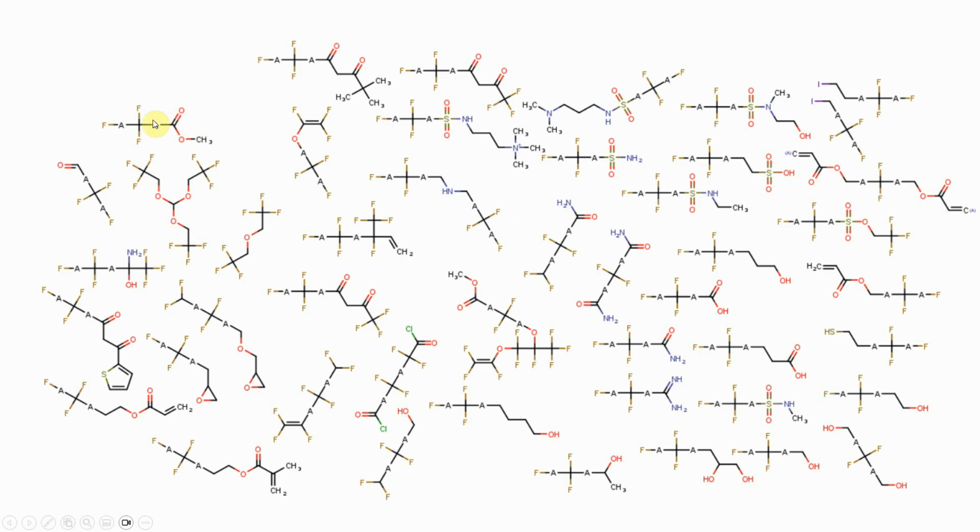And then the carbon-fluorine chain, in this case, is denoted by A, then the CF2, and then A and F, meaning that this is a repeating CF2 chain that can be extremely long or short, usually ranging from just a single CF3 unit to 10 CF2 units, but have been measured above 20 CF2 units as well.